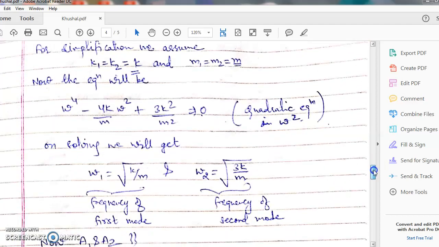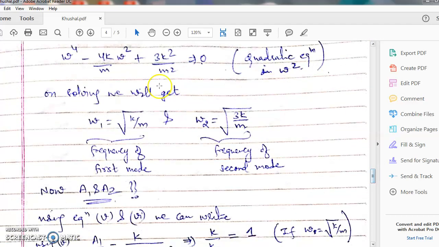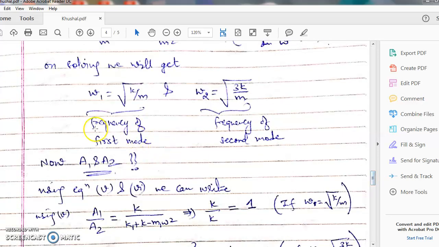If I solve this quadratic equation, I will get omega 1 equals root k by m and omega 2 equals root 3k by m. Two values, obviously, for a quadratic equation. So we now have two frequencies. The lower one we call the first mode, then the higher one the second mode, and the next higher one the third mode, like that. So this is the first mode, it has the lower value, and this is the higher value, so it is the second mode.